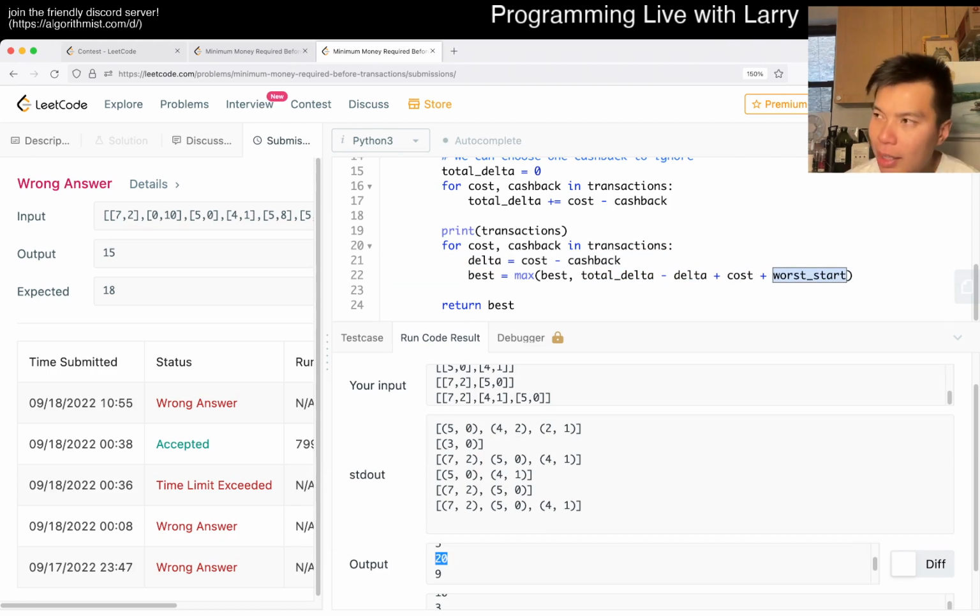But what we want is that if we subtract this, what we get is having a 3 in the answer, right? And that's part of the cashback. So it's going to be worst start minus cashback, but it has to have like a min of 0 or something like this.